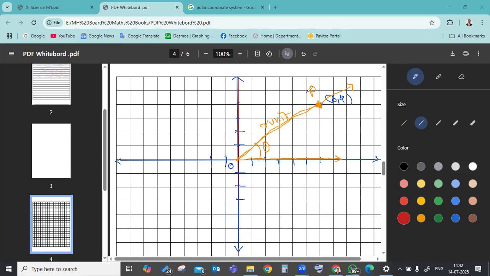That means we can always draw a circle of radius r passing through that point P. Getting it? Yes.